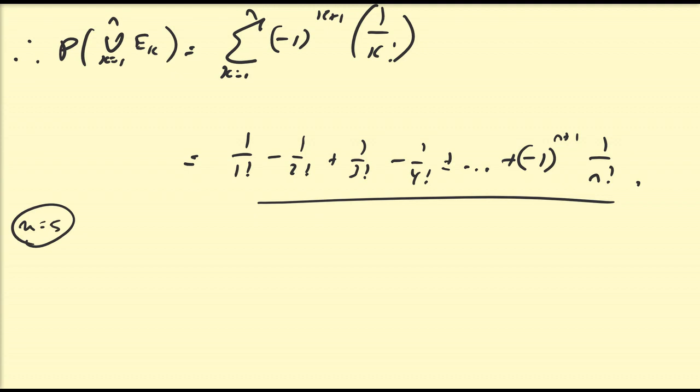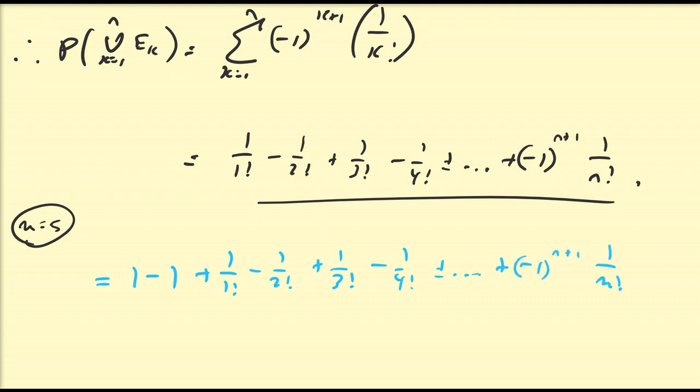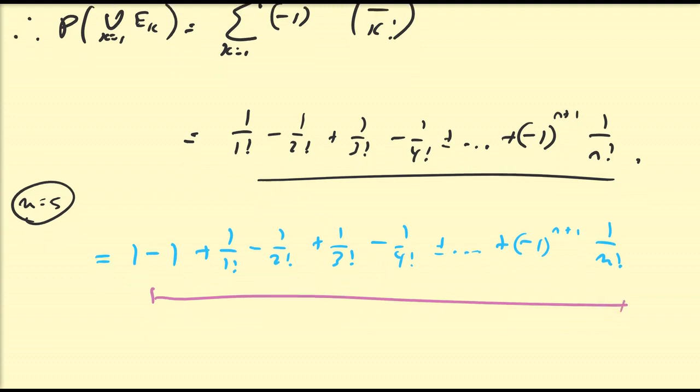But I'm going to play around with this formula because this should look a little bit familiar. So I'm going to do 1 minus 1, which is just 0, so I'm not really changing anything. Then I'm going to factor out a negative 1 out of all of these terms.